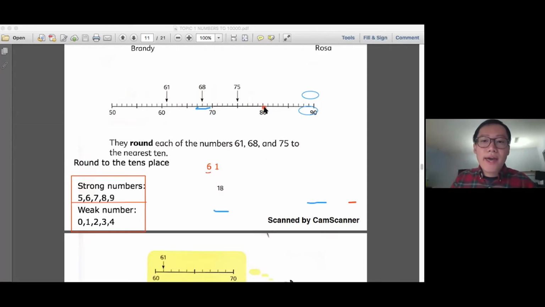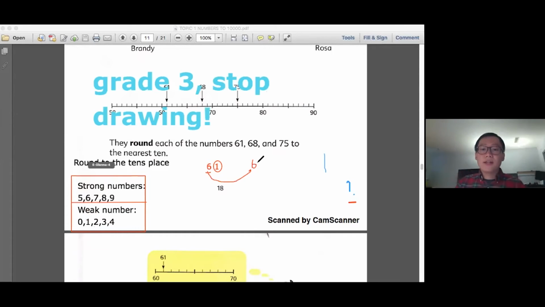So let's look at the number 1. From before, we know weak numbers are 0, 1, 2, 3, and 4. 1 is a weak number, so the tens place is not going to be pushed up. Instead, the tens place is going to stay the same. So 6 is going to stay a 6 in the tens place, and 0 in the ones place.